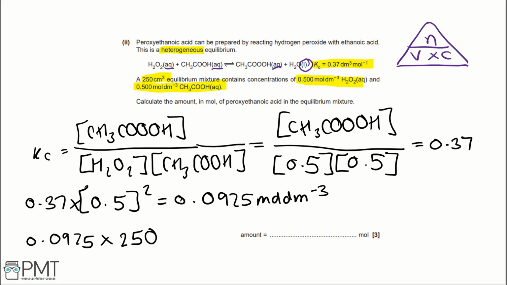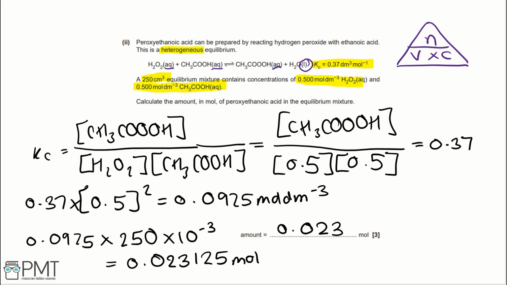We want it in decimeters cubed, so we times by 10 to the negative 3 or divide by 1,000. That gives us a value of 0.023125 moles. In our answer, we would write this to an appropriate number of significant figures, 0.023, for example.